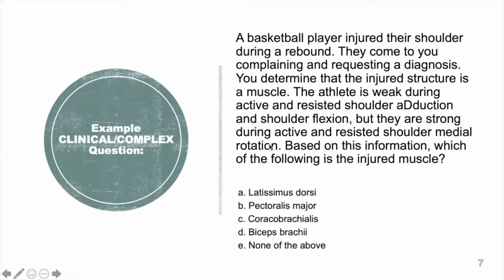So we can now use this information to start narrowing down which muscles contribute to shoulder adduction and flexion, but do not contribute to medial rotation. And by looking at those results and determining that muscle, we could know which muscle is the one that's actually injured.